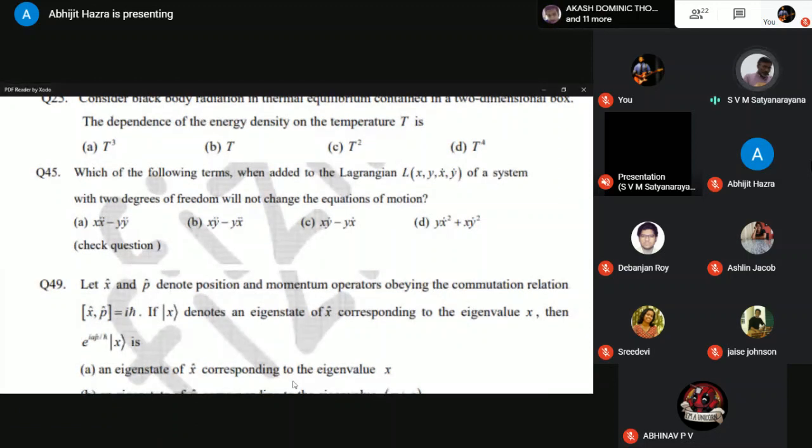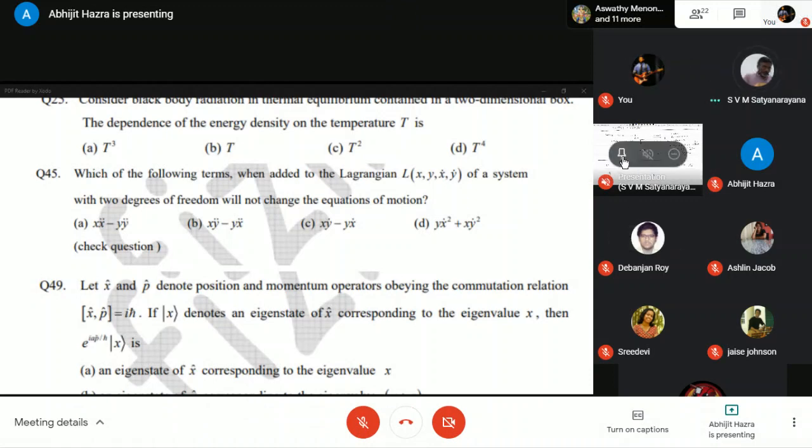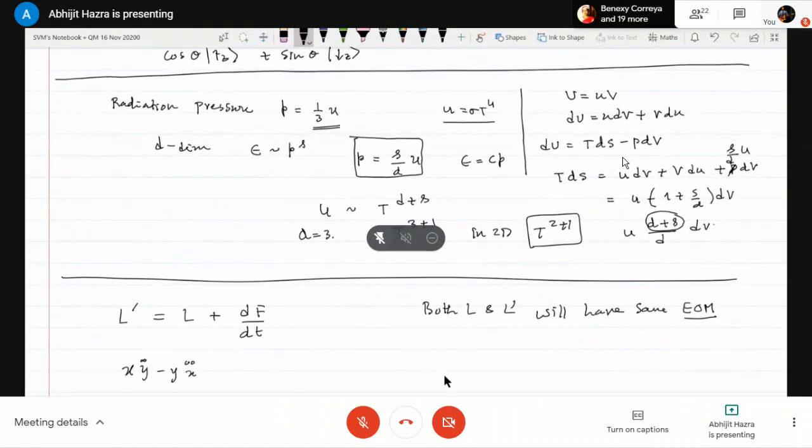Now we have to see which one is correct. I think the first one is x y double dot minus y x double dot. Can you read the second one?